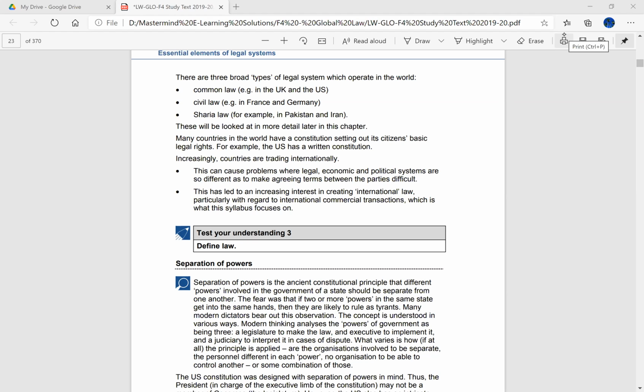For example, this happened for the very first time in history. So there would be no law that would have been dealing with this, right?